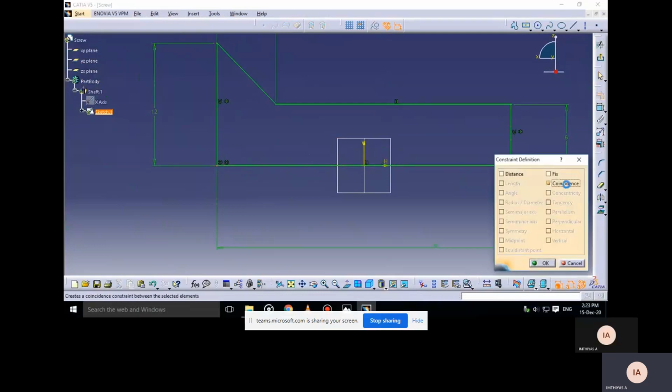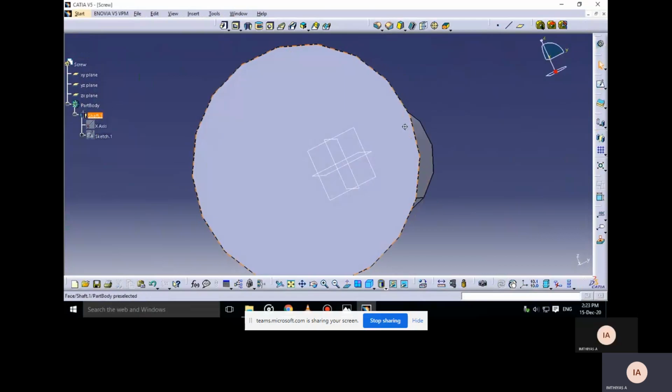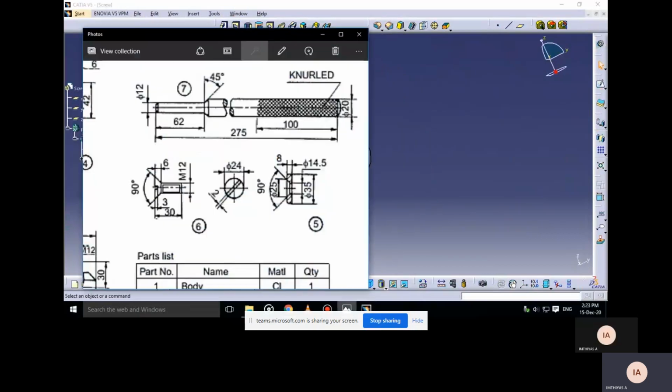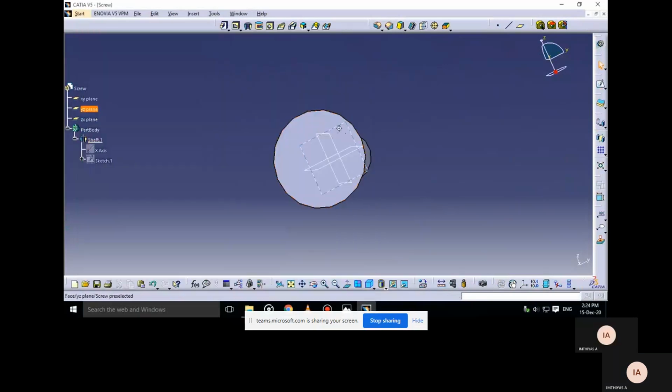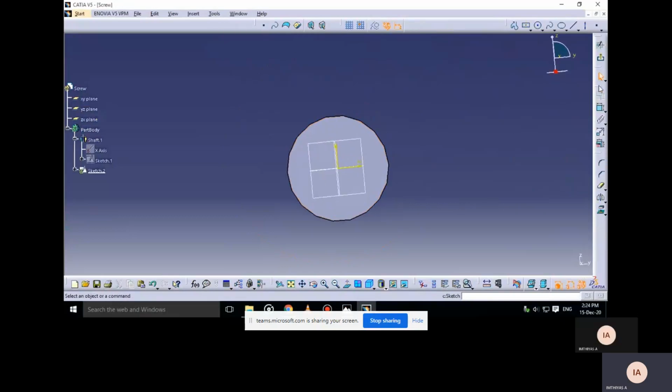We will make a slot after completing the profile. Now we will make a slot with a 2 mm gap. Total is 24, so we have to make the slot through along the length, that means through along the surface.